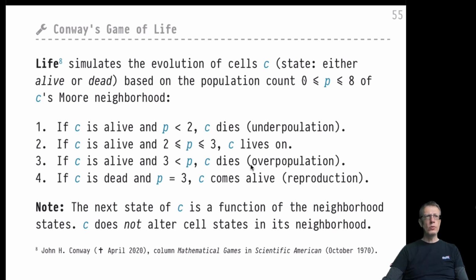If C is dead and the Moore neighborhood includes exactly 3 alive neighbors, then that would be considered ideal living conditions for our cell C, and C comes alive, or it will be reproduced by its cells in the Moore neighborhood.